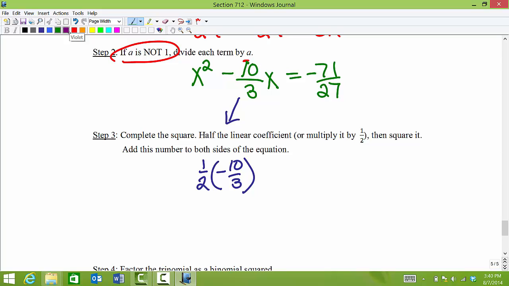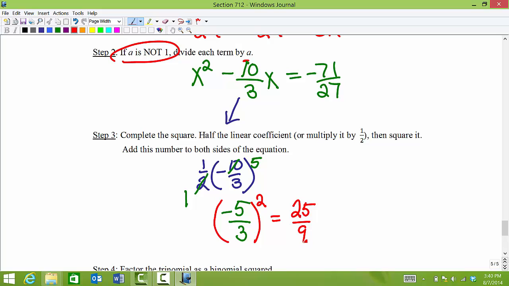If I multiply negative 10 over 3 by 1/2 to half it, we see that we have a common factor of 2 in the top and the bottom. So we will get negative 5 over 3 as the half. After I half it, then we know that we are going to square it. So we get positive 25 over 9.